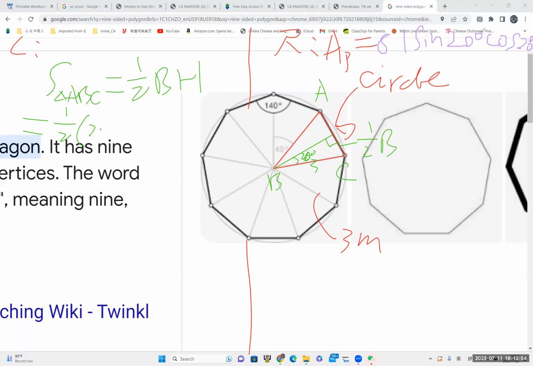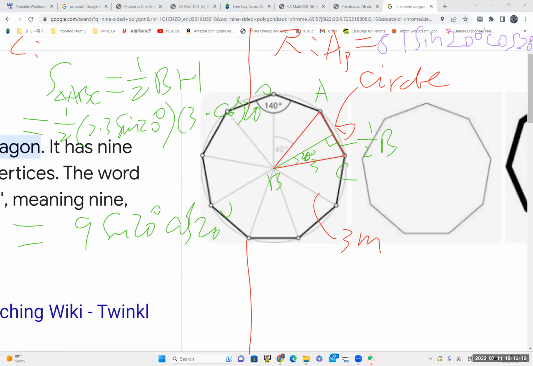Sine 20 degree equals CD over BC. So CD equals BC times sine 20 degree, and BC is 3, so CD is 3 sine 20 degree. Then H is 3 times cosine 20 degree. Together we get 9 sine 20 degree cosine 20 degree. So the area of the polygon equals 9 of this. Then we get this answer.